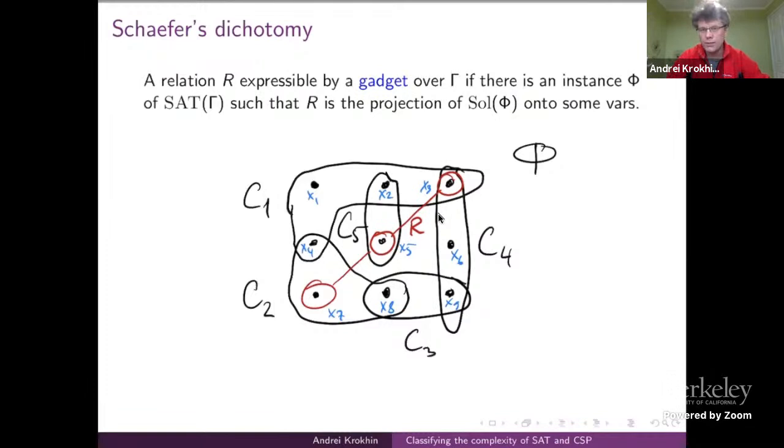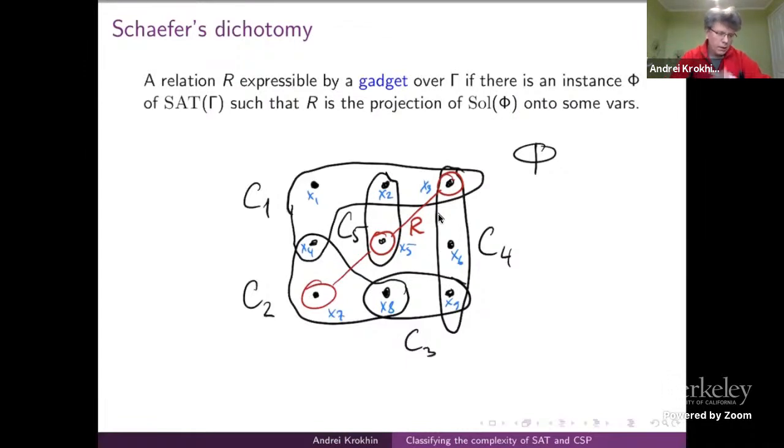This is some relation, obviously, and then you choose some variables here and project out all the rest. So in this case, your phi would use 5 constraints, all using relations from gamma. It uses 9 variables, and then you look at all the solutions to phi, that's some relation, and then you project out all the variables except for x3, x5, and x7. So this is what it means to express something by a gadget.